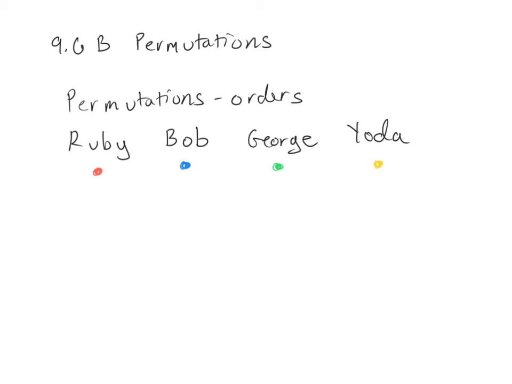and we want to know how many permutations of that are possible. So here, let's say Ruby wins. So Ruby wins this first scenario. Well, Ruby could have a vice president of Bob, George, or Yoda. In the second scenario, Bob wins and is president. Well, Bob can have a vice president of Ruby, George, or Yoda.